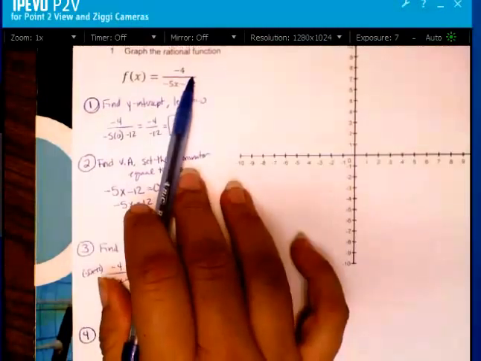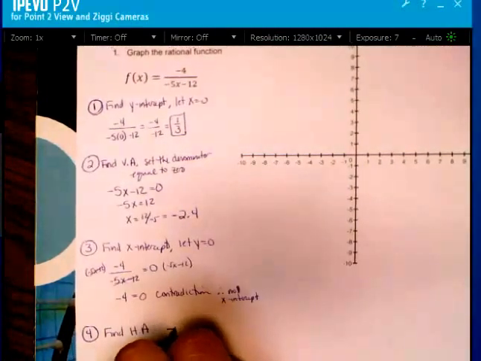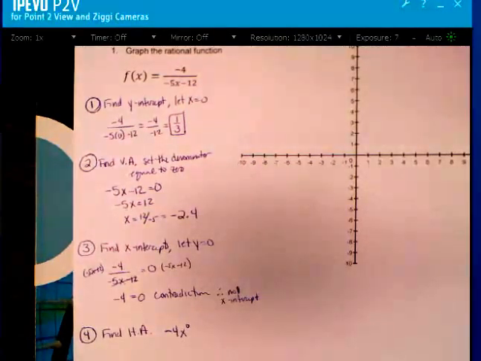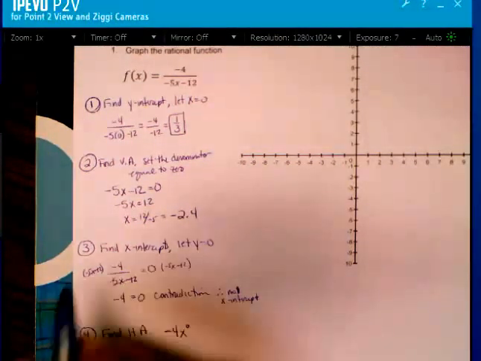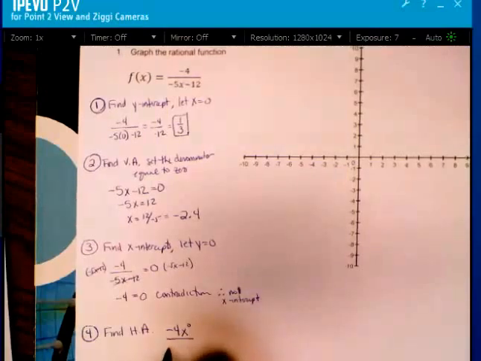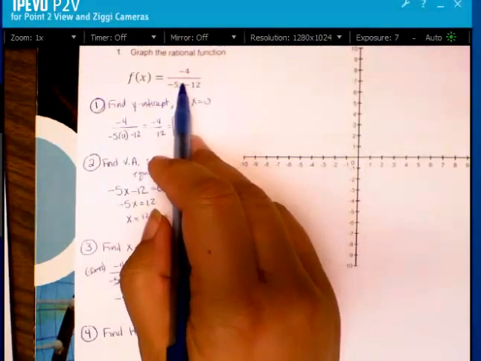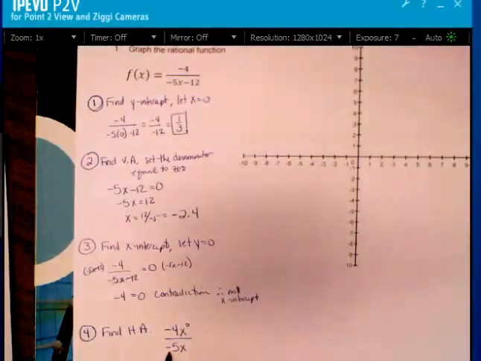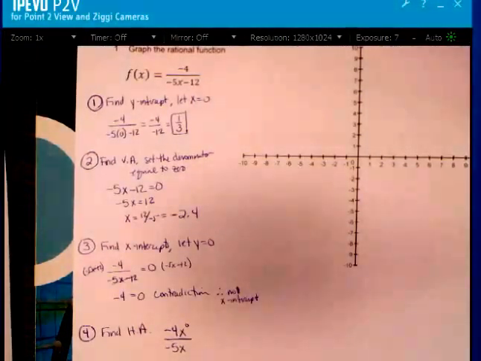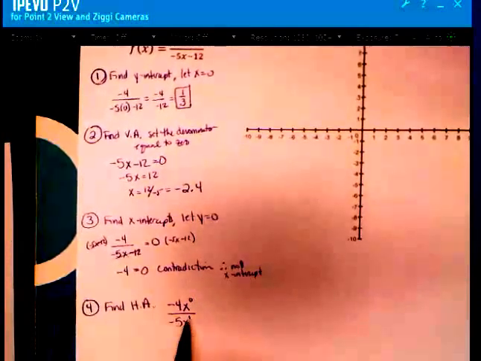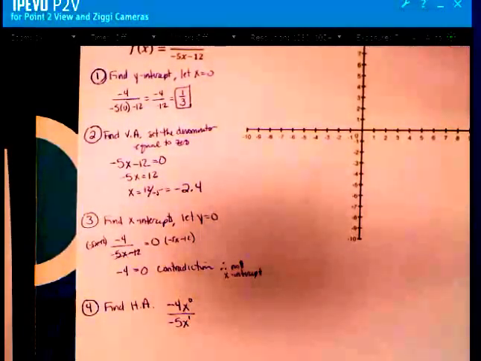In this case, the leading term in the numerator is just -4. If we want, we can write that as x to the 0 power. And then in our denominator, our leading term is just the x value at the highest power, which in this case is 1. So our leading term is -5x. Well, when there's no number as the exponent, we know it to be 1.